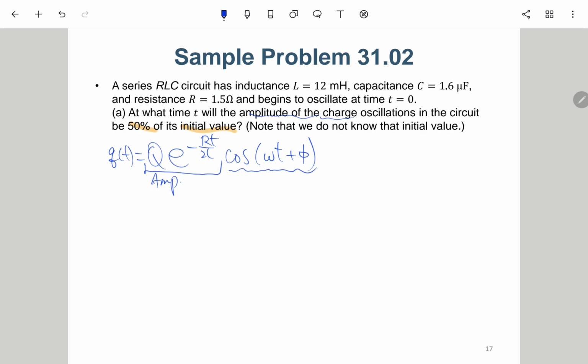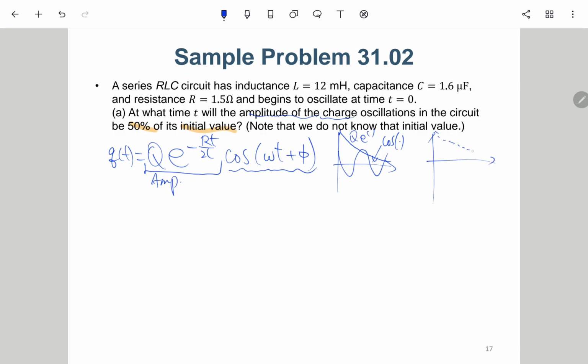This is the cosine, so you can consider it as starting from 1, a cosine like this, and then you also have an exponential, capital Q times exponential to negative Rt over 2L. We multiply them together, and it turns out to be something like this.